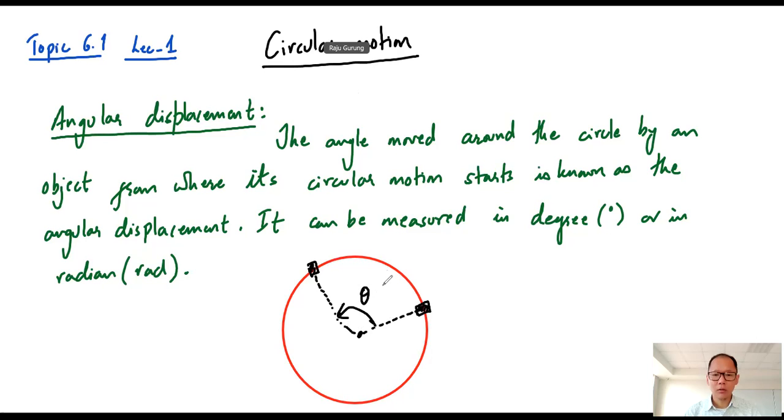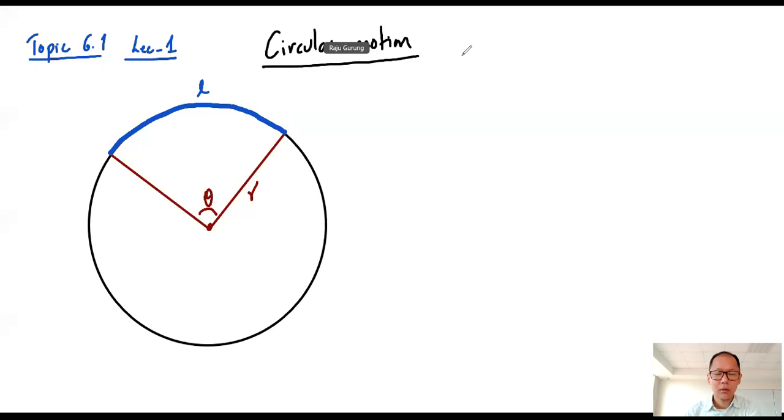For those of you who do not know what a radian is, I'm sure you all know what a degree is, but if you don't know what a radian is, we'll discuss a little bit about how a radian is defined. If we have L as the arc length, R as the radius, and theta as the angle measured, we define theta equals L over r.